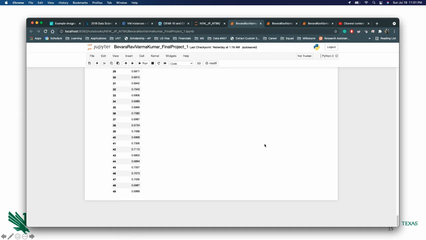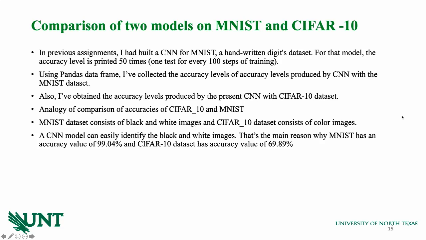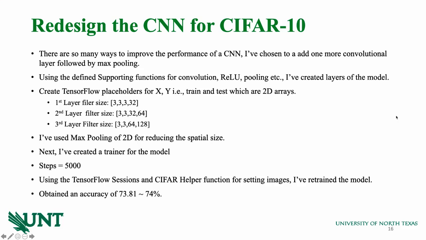So the reason for the low accuracy is that feature extraction from a colored image might differ from that of a black and white image. When you are performing the convolution for extracting features or pooling and saving the important features, a black and white image is much clearer than a colored image. So this is my reasoning for the comparison of these two datasets.